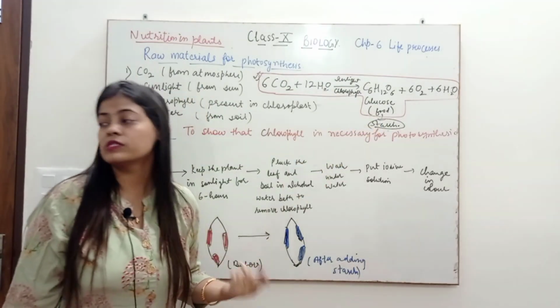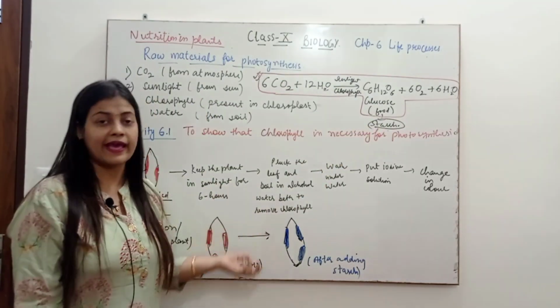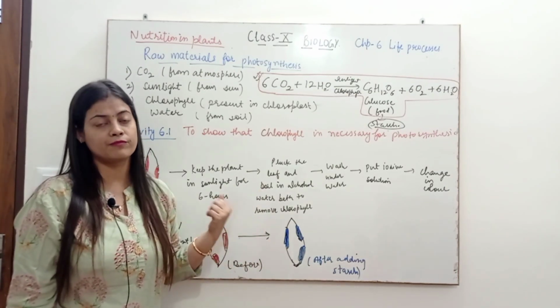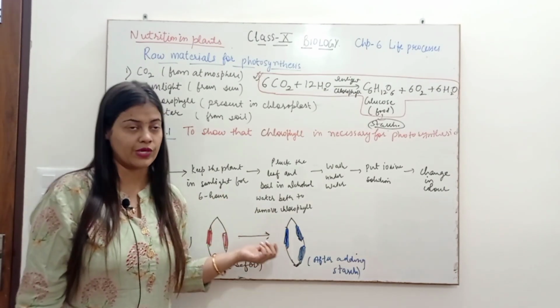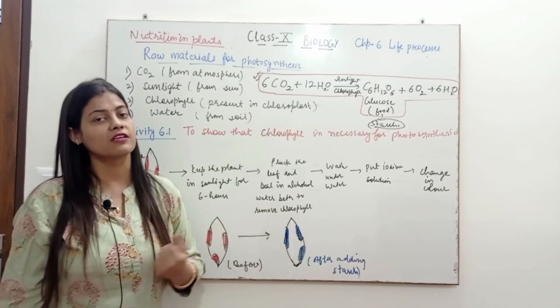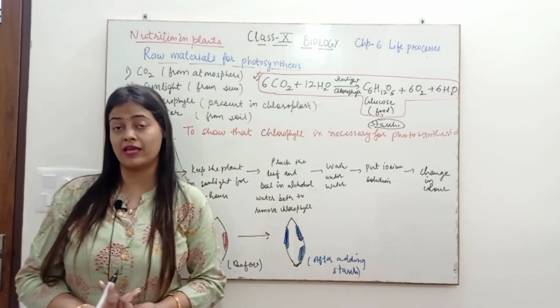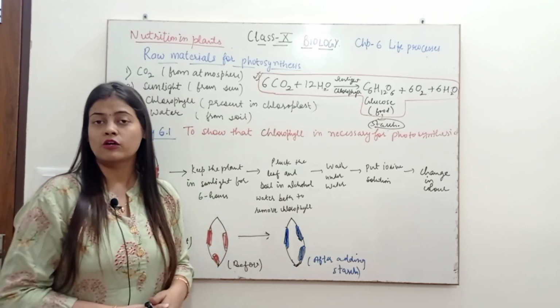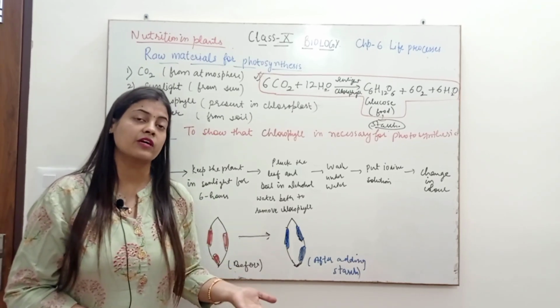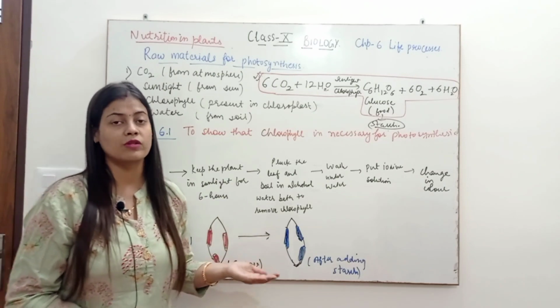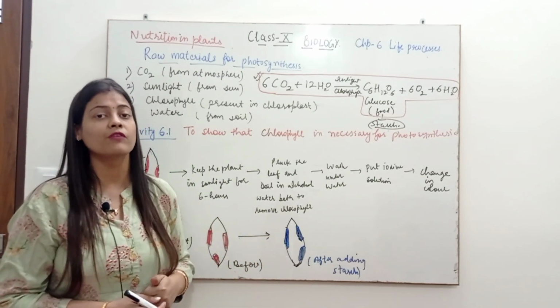Whatever glucose they require they use, and the extra glucose is stored in the plants in the form of starch. It means that starch is the reserve food material for plants. Like plants, we animals also take food in complex form, convert it into glucose, and then glucose is stored again in the body in the form of glycogen.